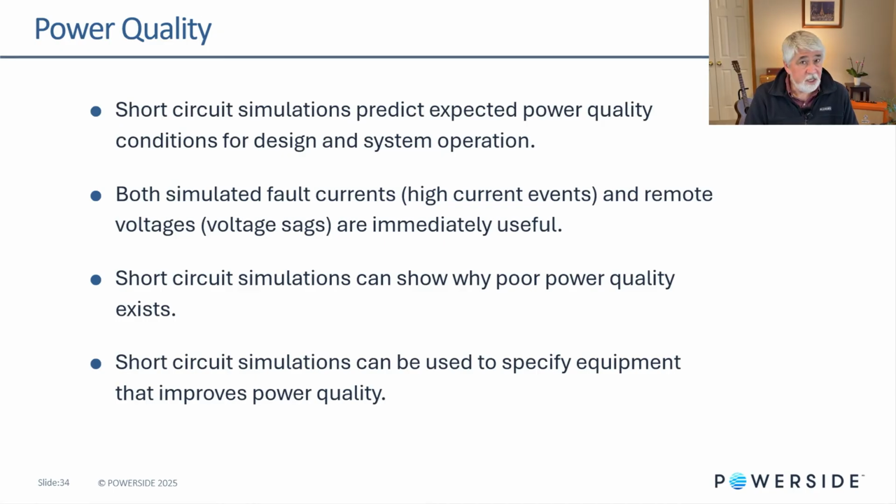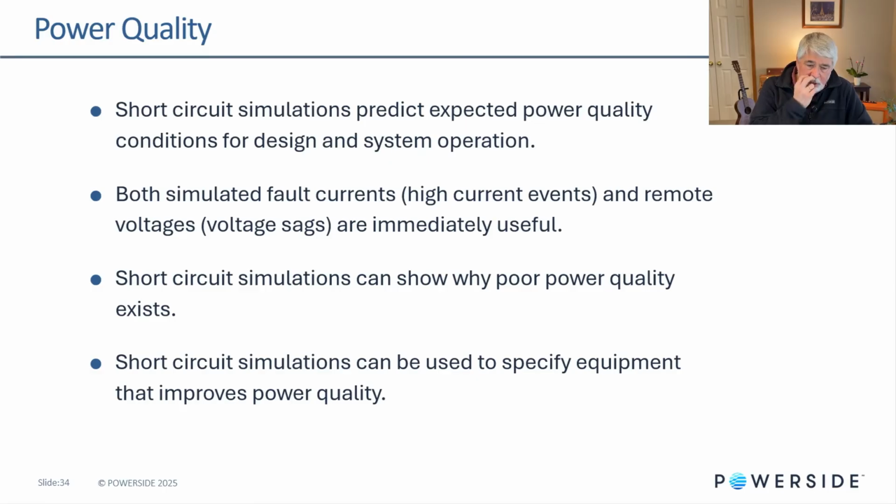Yes, especially on voltage sags, which we just mentioned, and fault current magnitudes, if we're capturing those power quality events as well. Both simulated fault currents or high current events and remote voltages, voltage sags, are completely and immediately useful in comparing short circuit model results versus power quality captures.